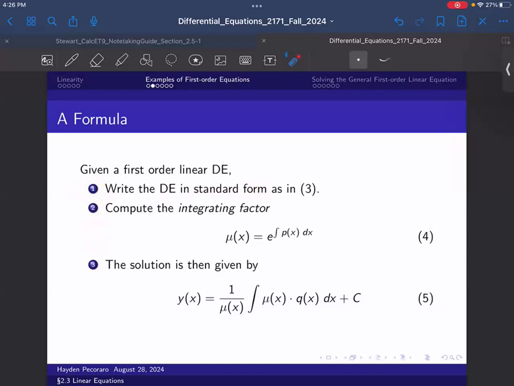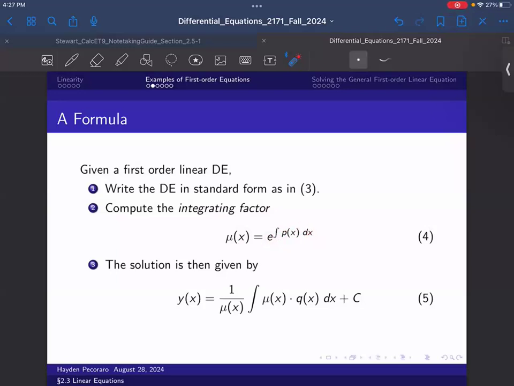Then you should be able to rewrite it in standard form as that previous equation. So you want to do that first. And then once you have it in that form, you want to compute this extra thing called the integrating factor. That just depends on that p of x coefficient. So you want to take that thing, find its antiderivative, and then use it as the exponent for e.